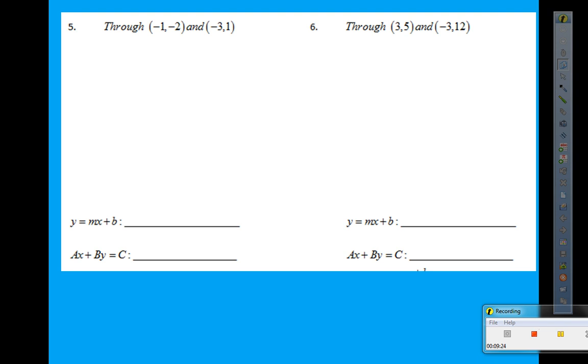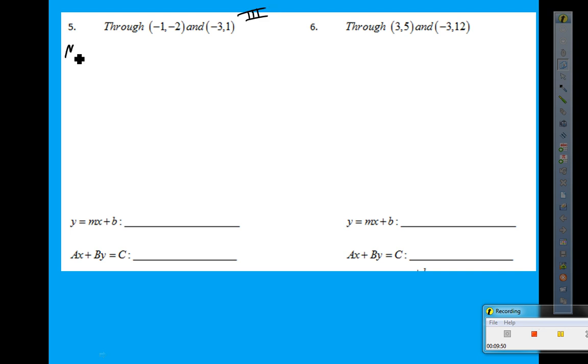Okay, take a peek at your number 5 real fast. We're going to go through the point negative 1, negative 2, and the point negative 3, 1. Remember on these, this is what I called my type 3 the other day. You're given 2 points, so the first thing that we got to do, we got to find the slope.